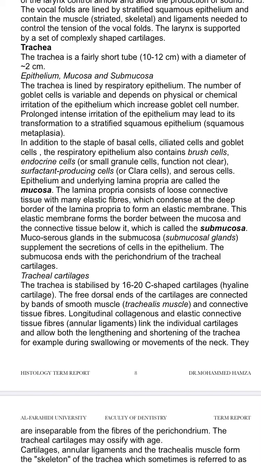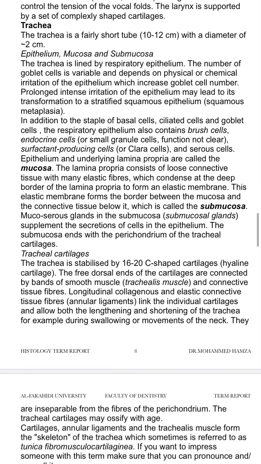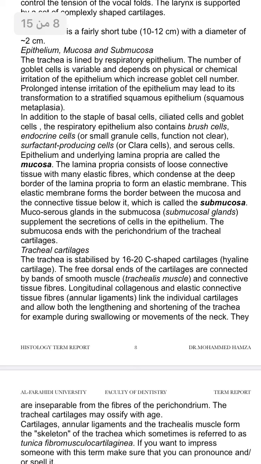The mucosal serous glands in the submucosa supplement the secretion of the cells in the epithelium. And the submucosa ends with the perichondrium of the tracheal cartilage.